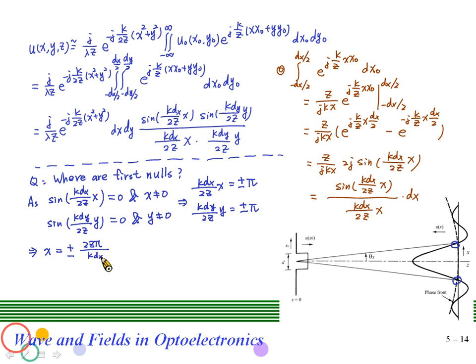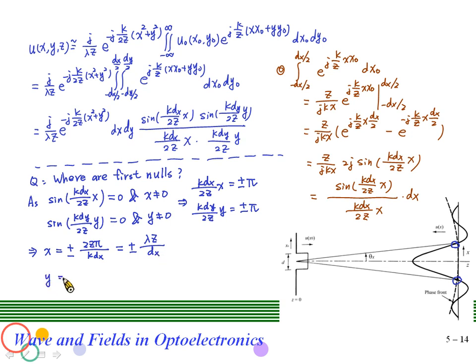Okay? And then we know that the k value can be replaced as 2 pi over lambda. So the null will appear as x is lambda z over d sub x.